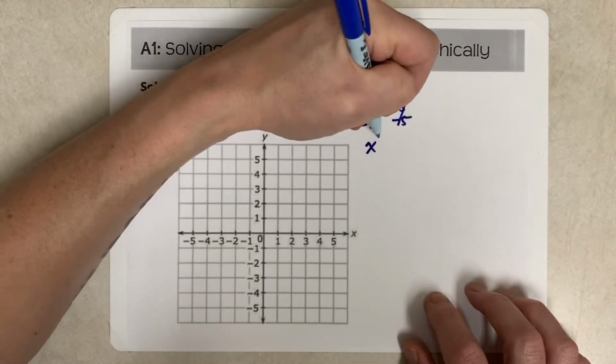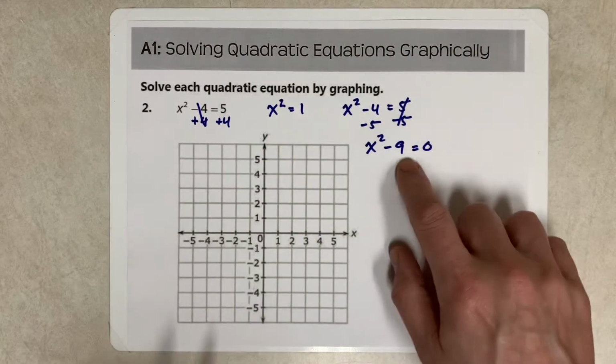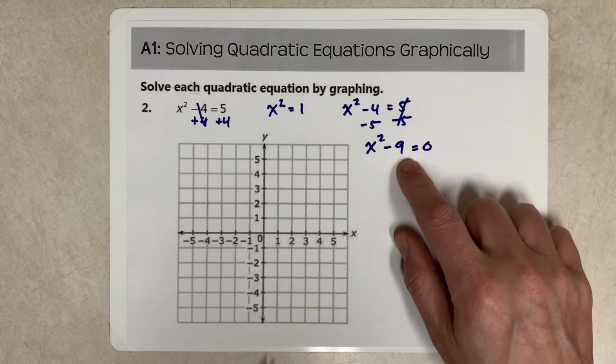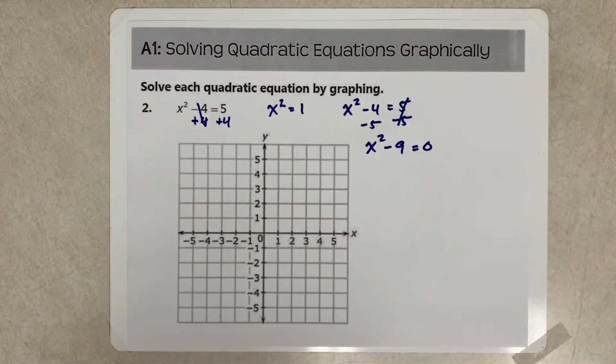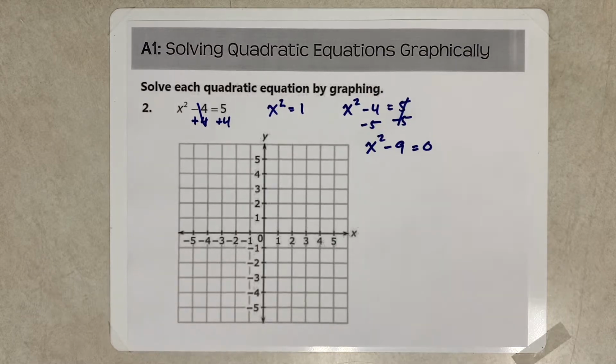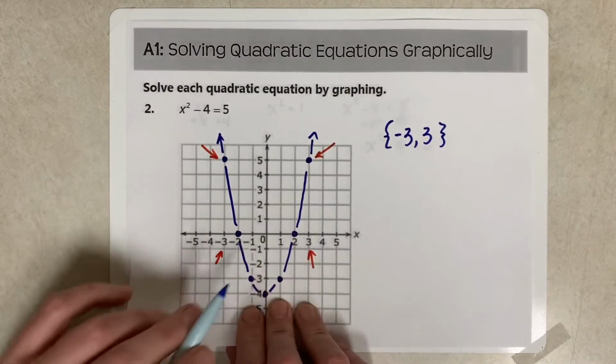I would get x squared minus 9 equals 0. Now if I did that, I'd have to drop it down 9 units, wouldn't I? And I don't have enough graph to drop it down 9 units and then show it going upward. That would be a problem for me. So in this case, I might want to just stick with the original way I did it, working with it this way.